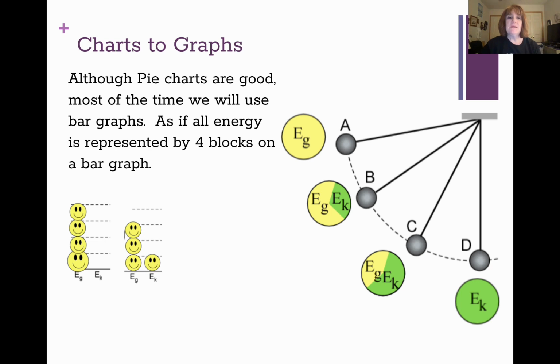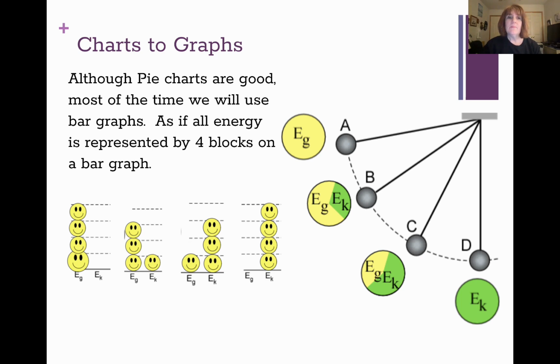At position B, because I can't have part of a block, I might have 3 Eg and 1 Ek. Position C, I might have 1 Eg and 3 Ek. Because neither one, position B or C, is halfway down, I don't want to split it as 2 and 2. And then position D would be all Ek again.